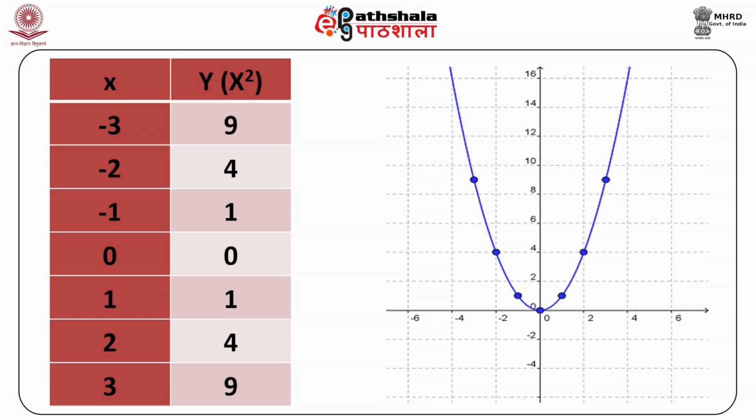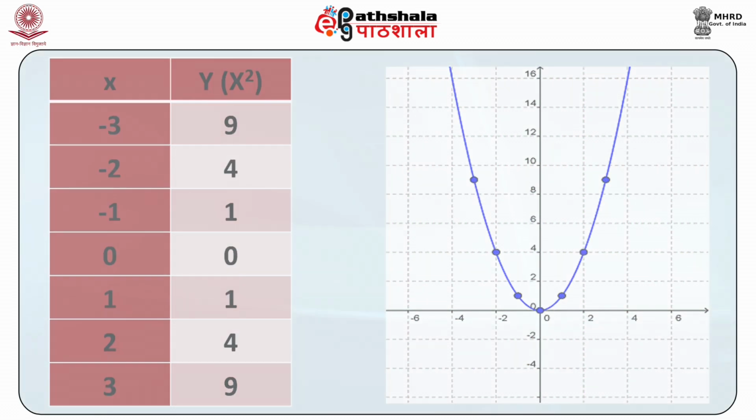On the left hand side, in the negative quadrant, the second quadrant, we find that as the value of x increases from minus 6 to minus 4 to minus 2 and so on, the quadratic curve is going down.